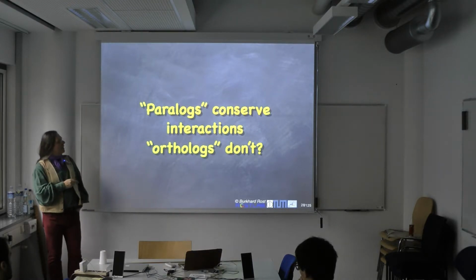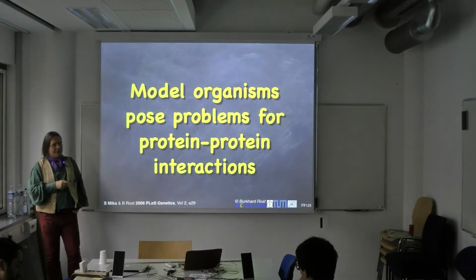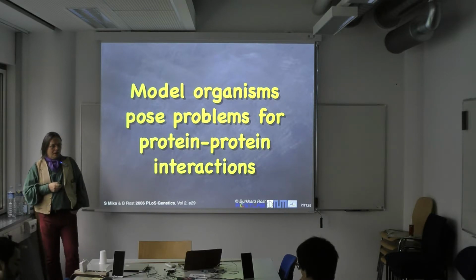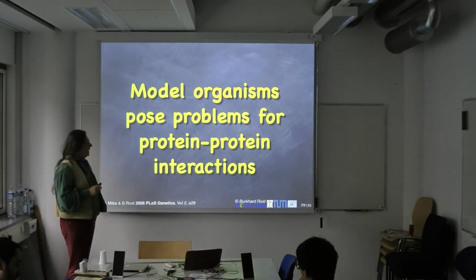It does, however, imply that paralogs seem to be conserved more than orthologs. And it does imply that there are issues with model organisms. What exactly that means, we don't quite know.